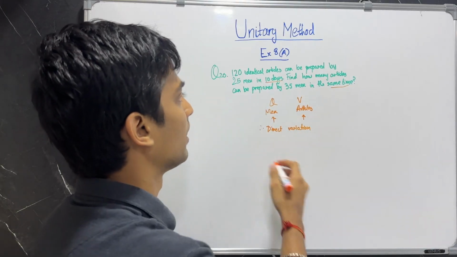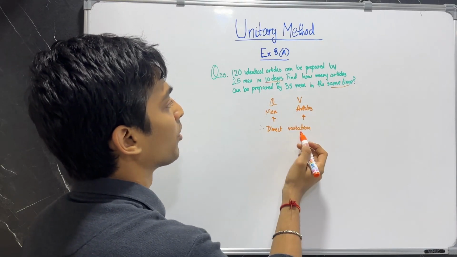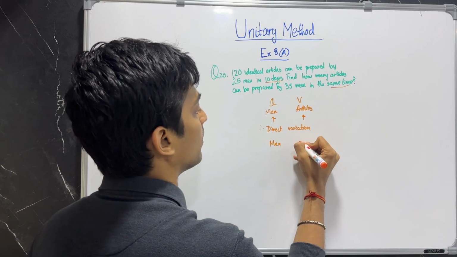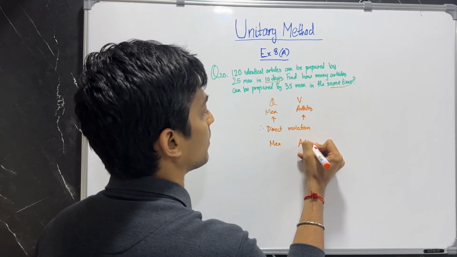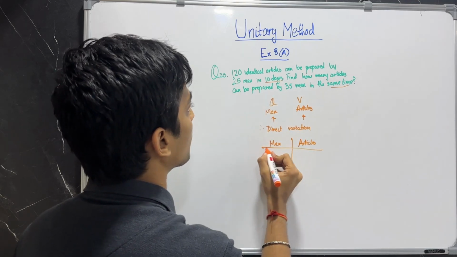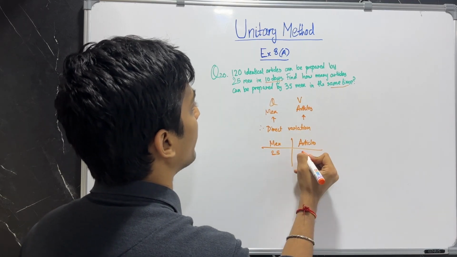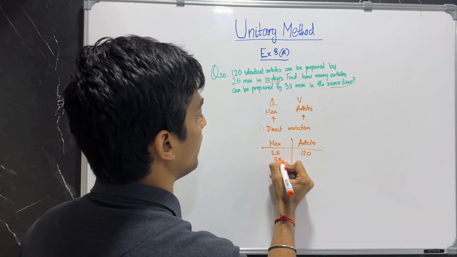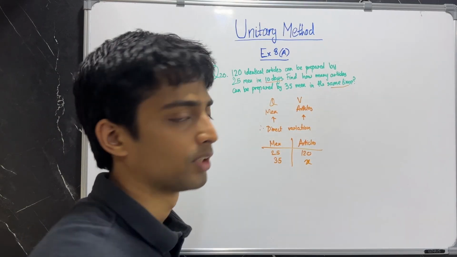Let's simply make the table now. We have to find number of articles, so it will be on the right column. Men, articles. Number of men is 25, articles 120. For how many articles can be prepared by 35 men? 35 men, X. Okay.